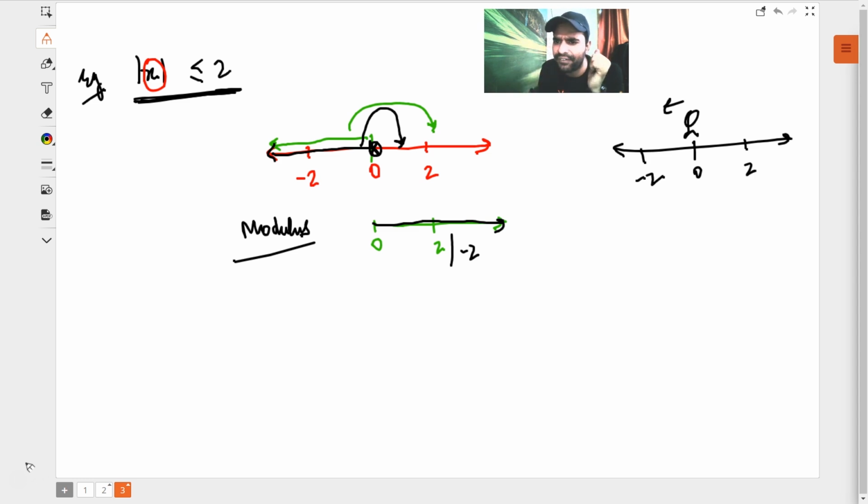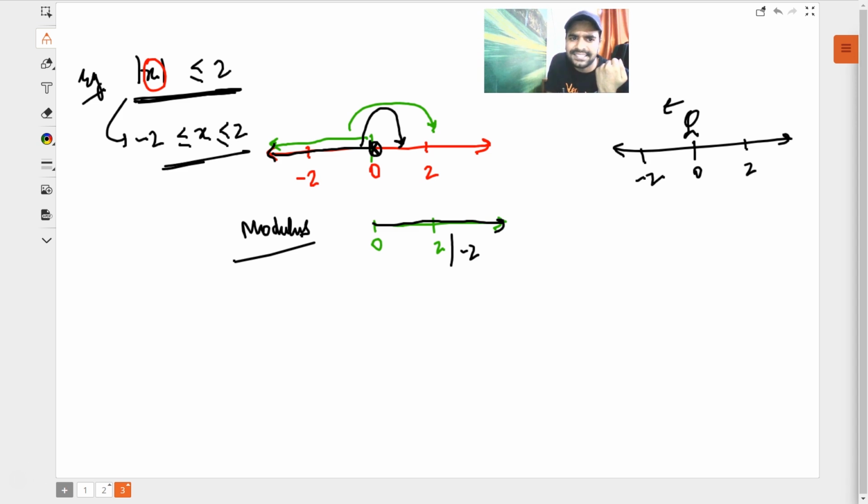For any value which lies between -2 and 2, my absolute value will be lesser than or equal to 2, guys. It is very important. So I can definitely say from here that x will be greater than or equal to -2 and lesser than or equal to 2. Everybody agree with me or not?